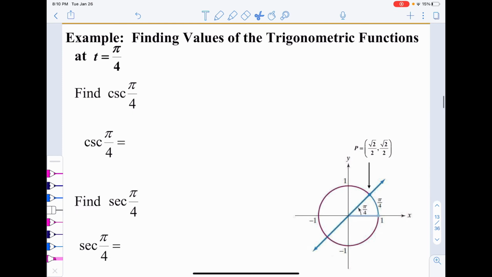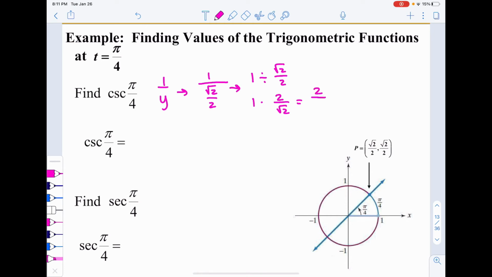Looking at finding values of those trigonometric functions at t equals pi over 4, we're going to start with finding the cosecant. The cosecant means that we are dealing with the reciprocal of our sine function, right? We're really dealing with 1 over the y value. That means we're going to have 1 divided by root 2 over 2, or 1 times 2 over root 2.